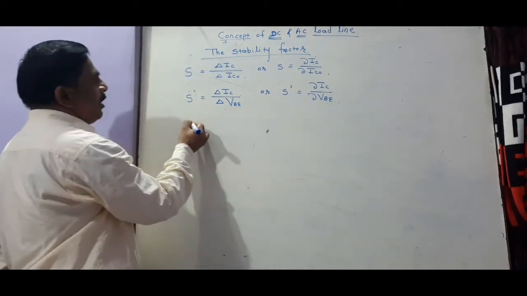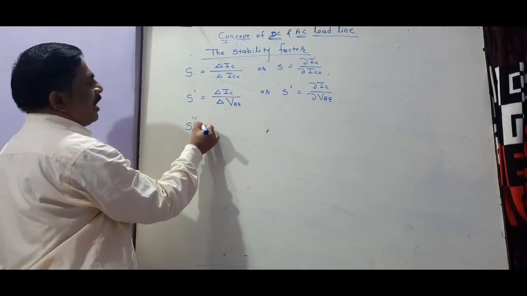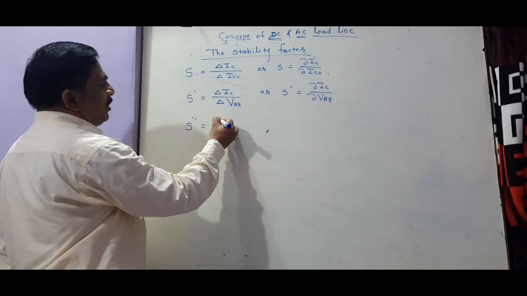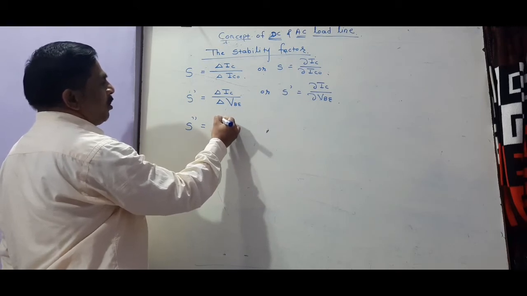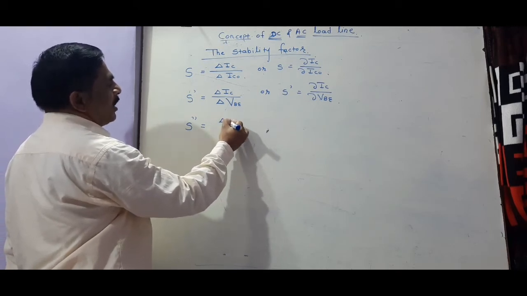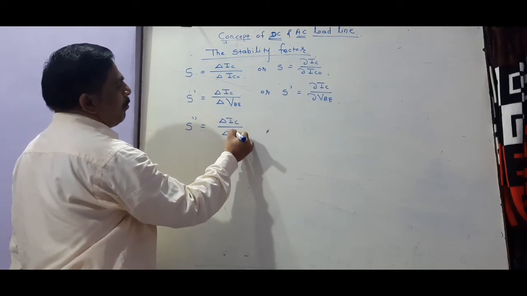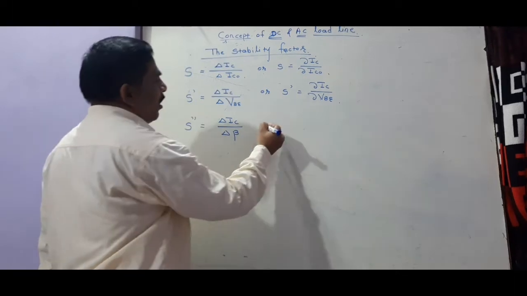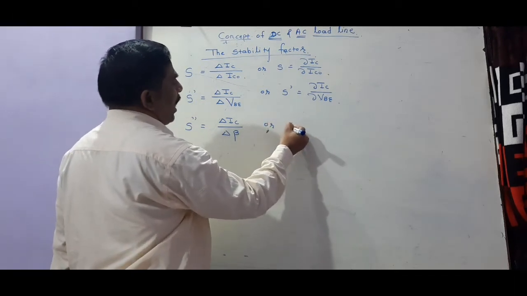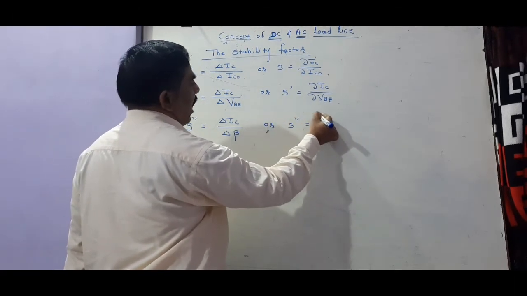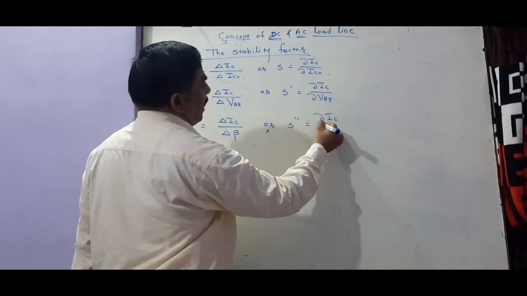And the third stability factor S double dash is defined as the ratio of change in output collector current delta IC with respect to change in the value of beta, that is delta beta, or S double dash is equal to delta IC upon delta beta.